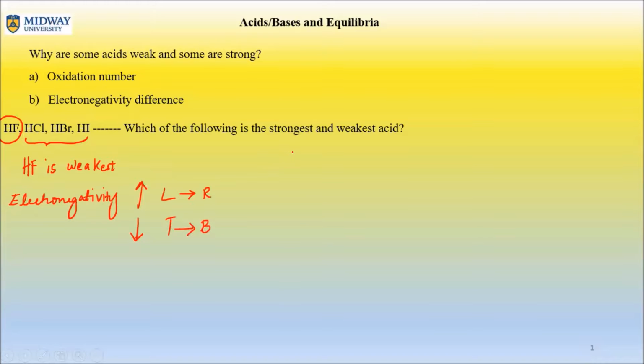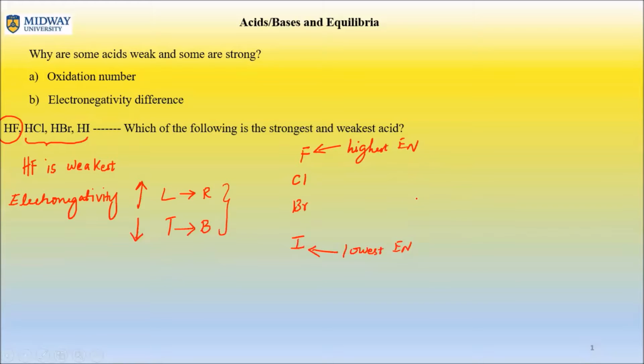Fluorine, chlorine, bromine, iodine are found in each one of these 4 acids. Fluorine would have the highest electronegativity, and iodine would have the lowest. Now, whether the acid is strong or weak is the inverse of this relationship. So the higher the electronegativity, the weaker the acid, because the hydrogen cannot come off easily.